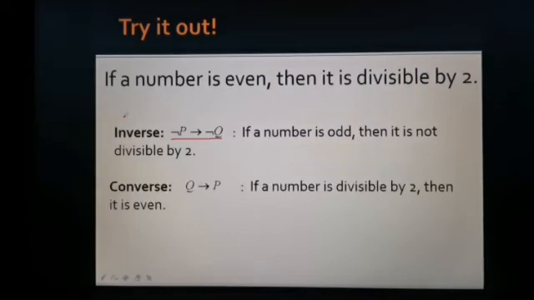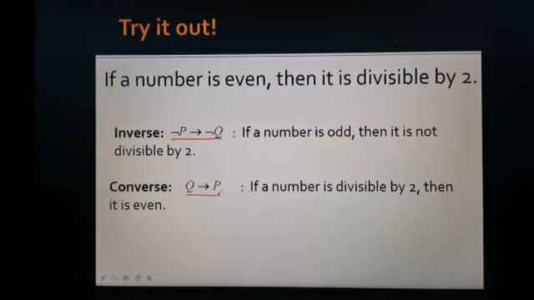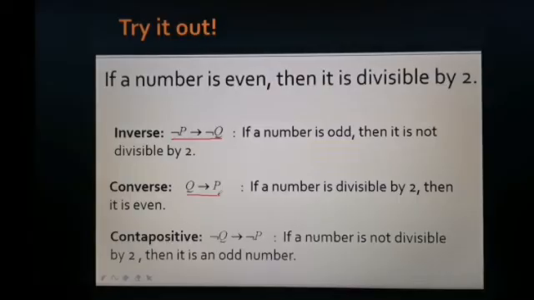For the converse part, simply interchange the premise and the conclusion, and for the symbol, we have if Q, then P. And the statement will become, if a number is divisible by 2, then it is even. And for the last one, we have contrapositive.